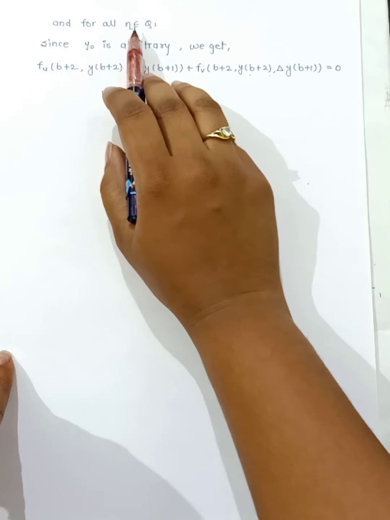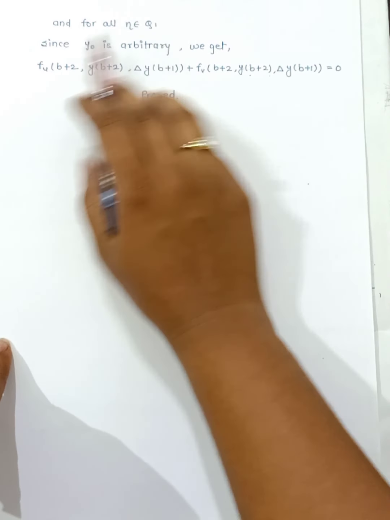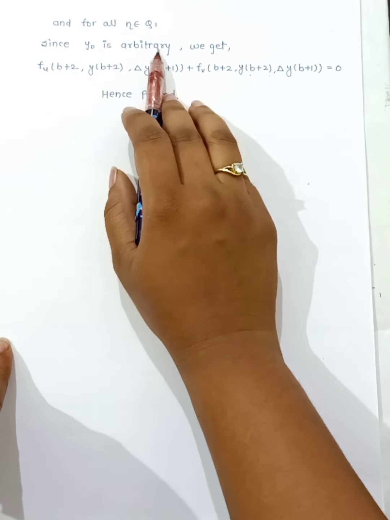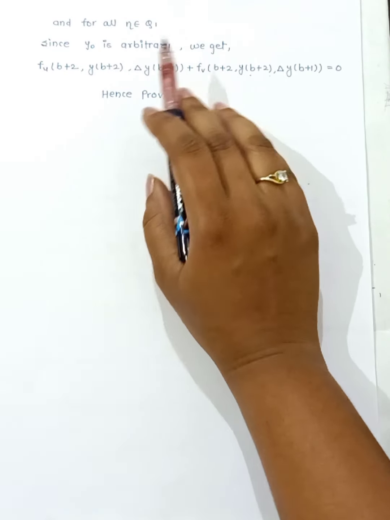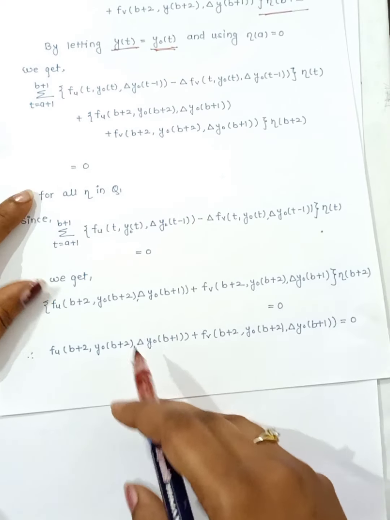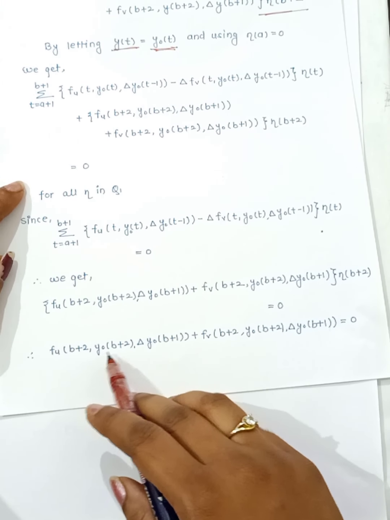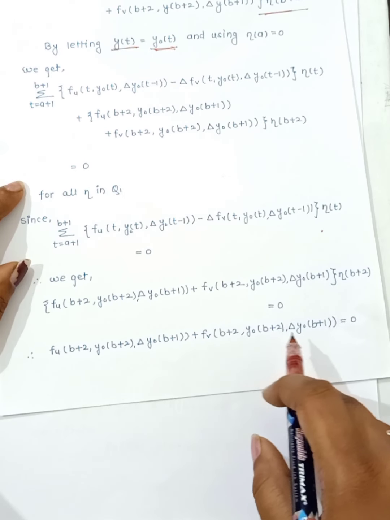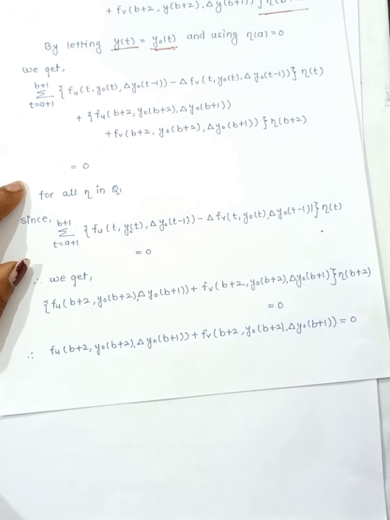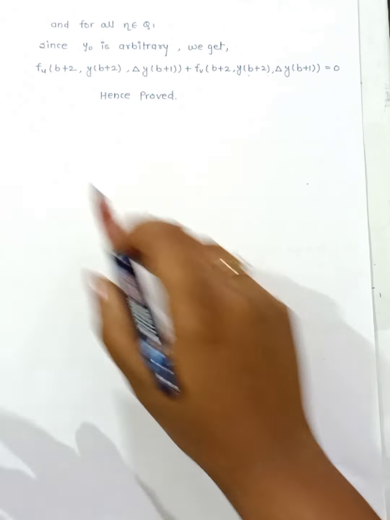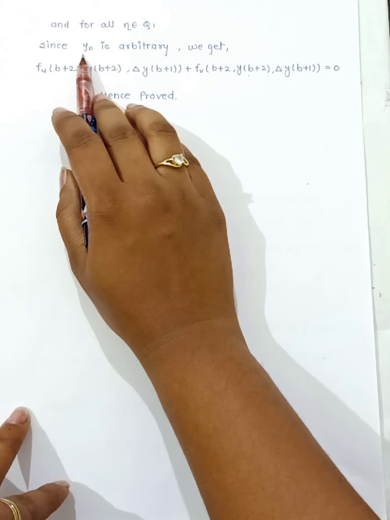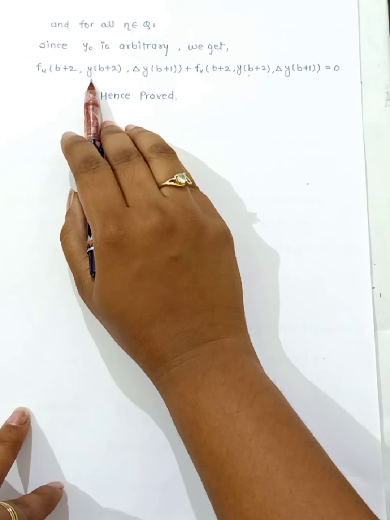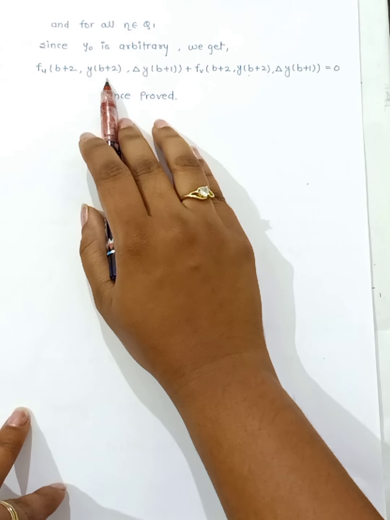So for all eta belonging to Q1, since y0 is arbitrary, we get, in the last equation we have y0 of b+2 and Δy0 of b+1, but y0 is arbitrary, therefore we can put y of b+2 in the place of y0 of b+2.